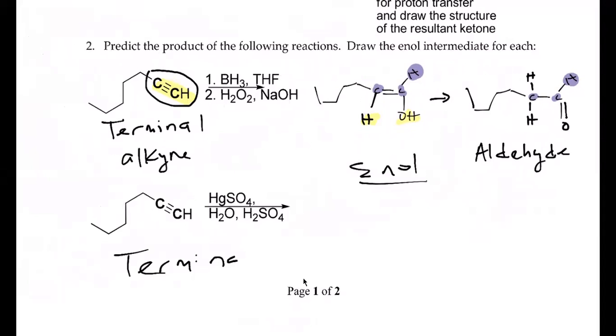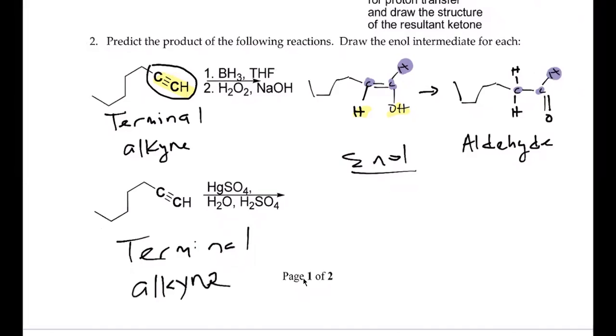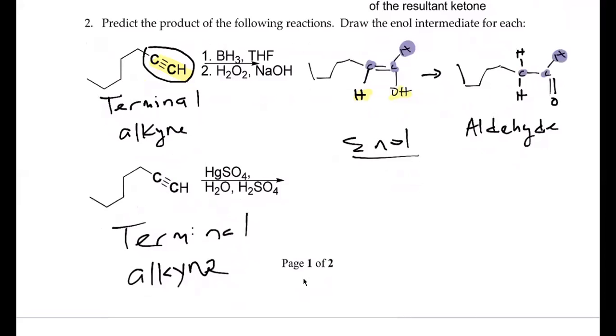What do you think? Let's think about it now. Use your reasoning skills, right? You know that hydroboration oxidation puts an alcohol on the least substituted carbon. What's the regiochemistry for the mercury reaction?